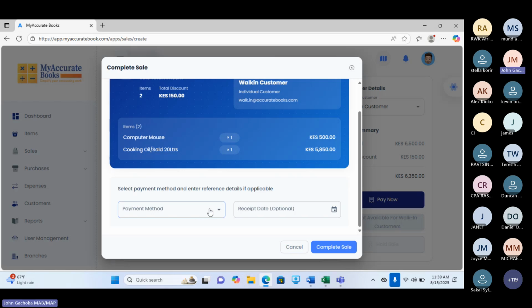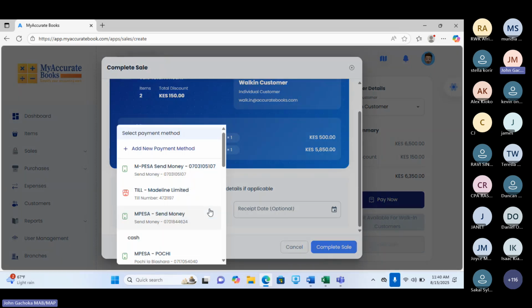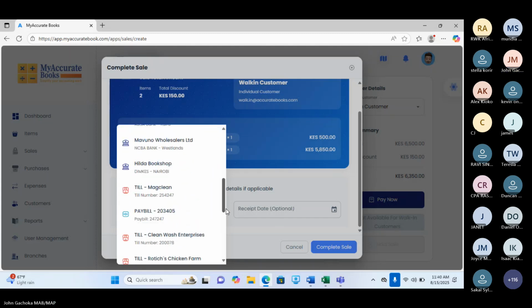When you say pay now, as I was doing the introduction to the system, I showed you a place where you can indicate the different modes of payment that you receive as an organization or institution. In this case, I have many of them.